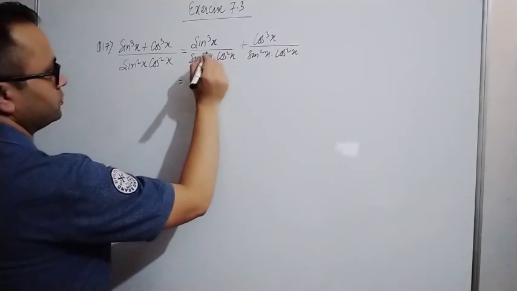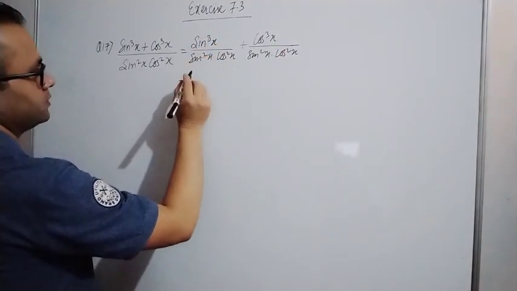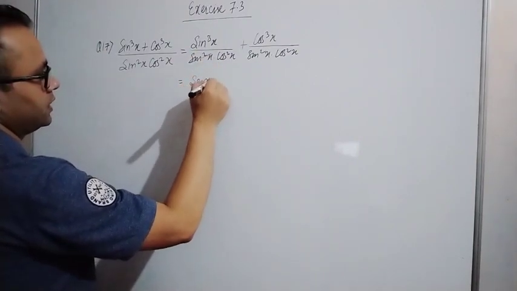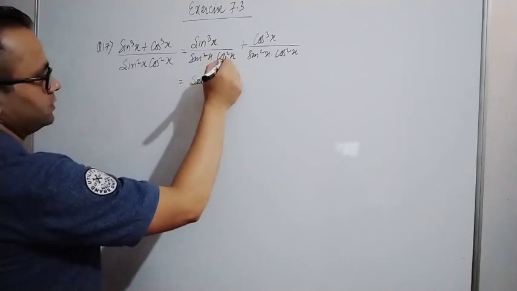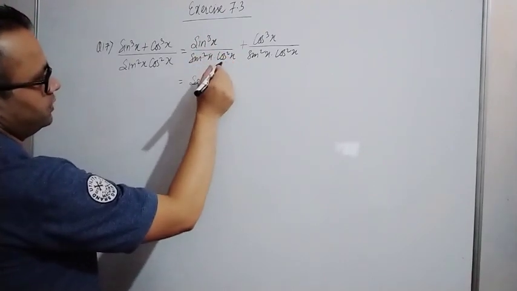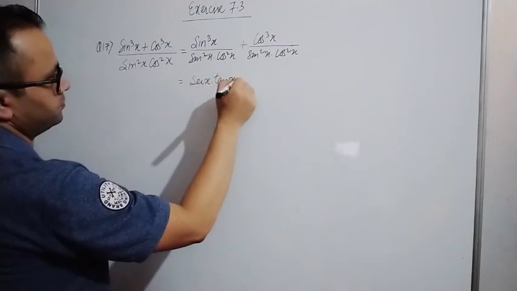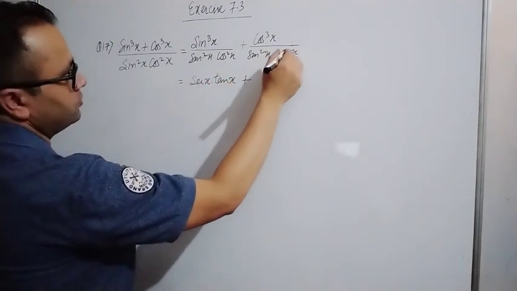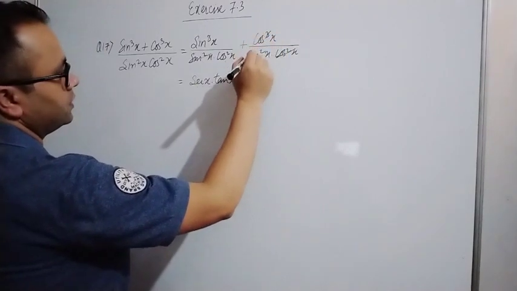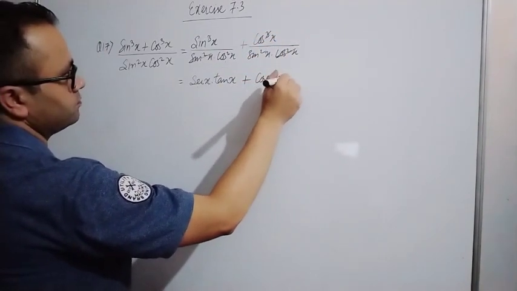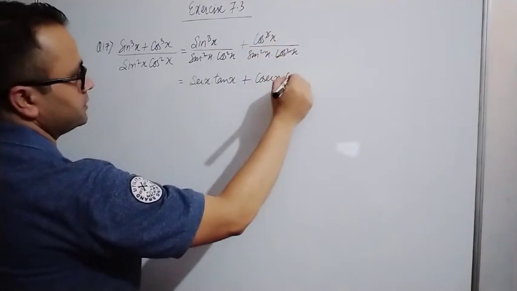Now 2 sin cancel, 1 sin is left. First 1 by cos is sec x, now sin by cos is tan x. Plus, now 2 cos cancel, 1 cos is left. 1 by sin is cosec x. Cos by sin is cot x.